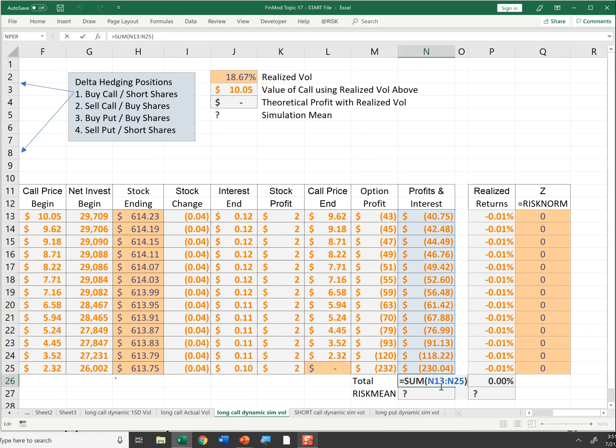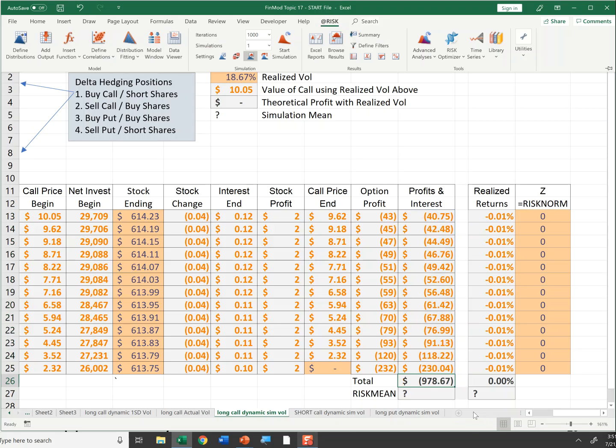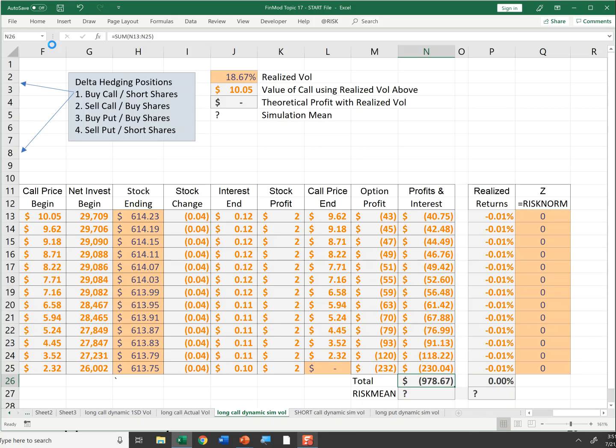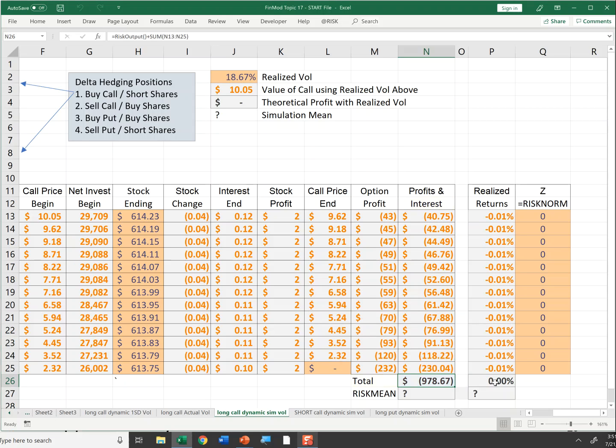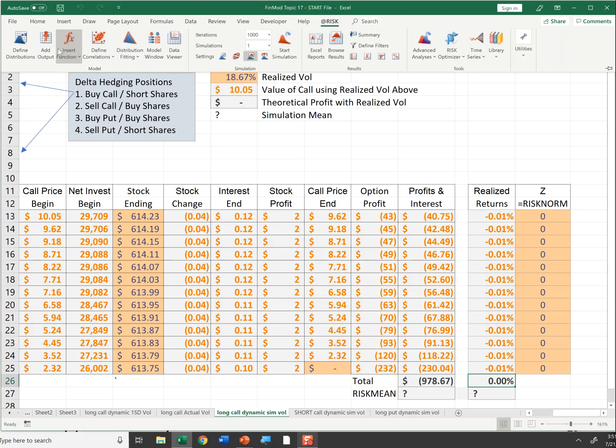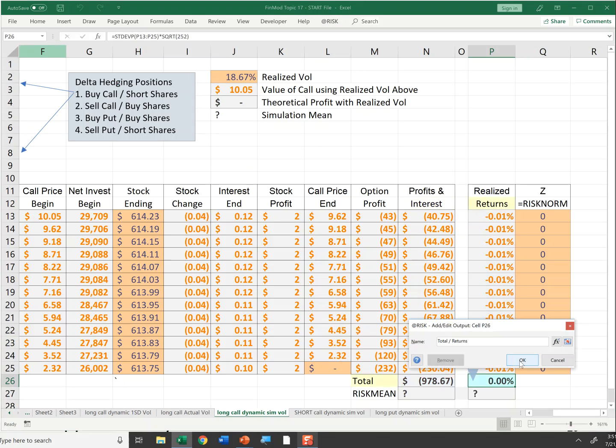I'm going to then sum up that profit, say 10,000 times. So I'm going to go to @RISK. I'm going to make that profit and do add output and hit OK. I'm going to make actually the standard deviation an output, add output, OK.